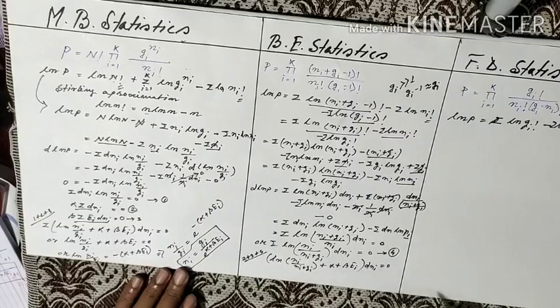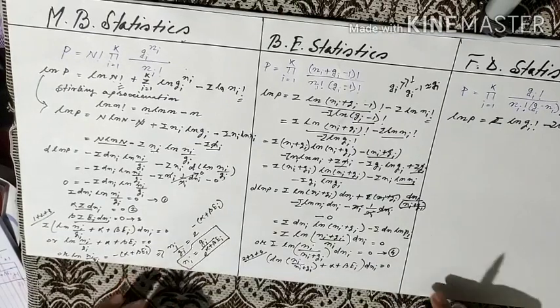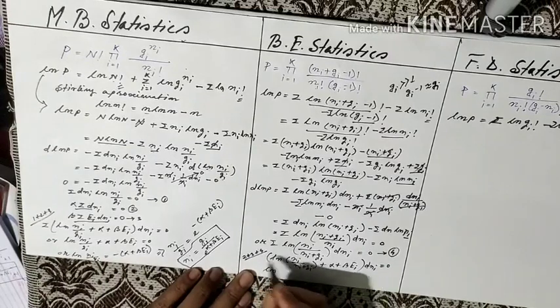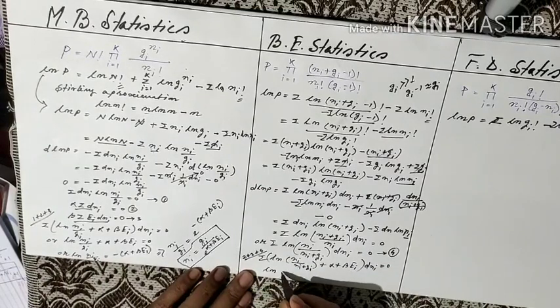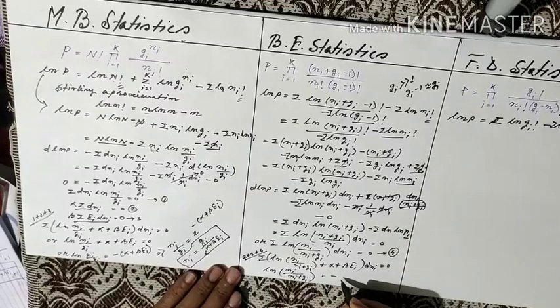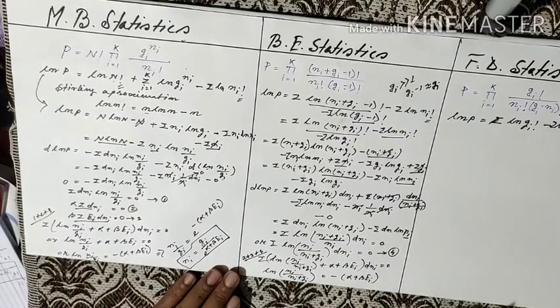So this implies, similar to before, ln ni by ni plus gi is equal to minus alpha plus beta ei.